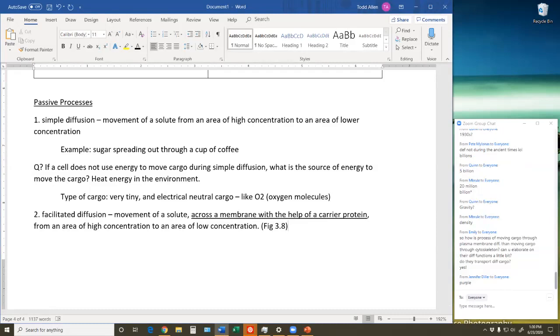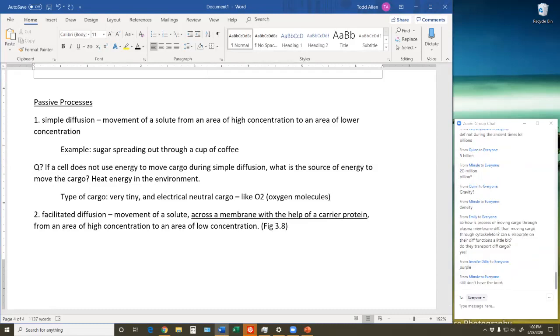Okay, thank you, Jennifer. Exactly, purple, okay? So folks, these purple proteins, obviously they're not really purple in real life, but they're drawn purple to make your textbook interesting. These proteins are the carriers that help cargo move across the plasma membrane.